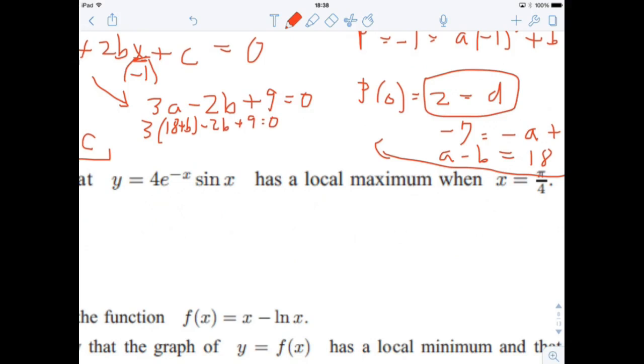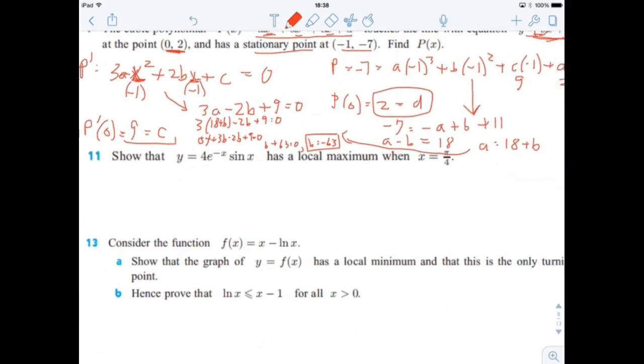3 times 18 is 54. So 54 plus 3b minus 2b plus 9 equals 0. That's b plus 54 plus 9, which is 63, equals 0. So b is equal to -63. Now that we know b is -63, can we find out what a is?